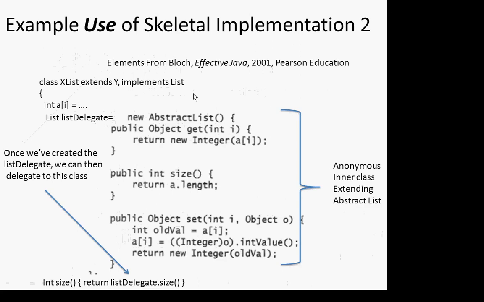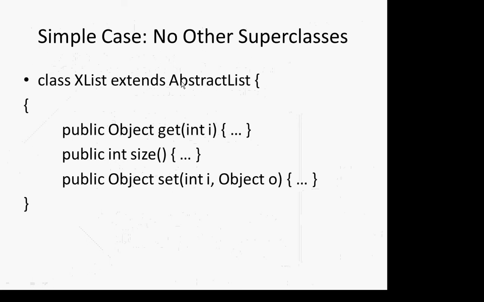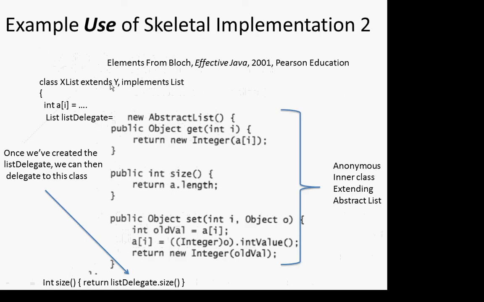So how can we do that? How can we deal with that? Well, one way is, this is a little bit subtle, so pay attention. So here we have X list. We could just implement abstract list, but maybe we want it to actually extend another class.